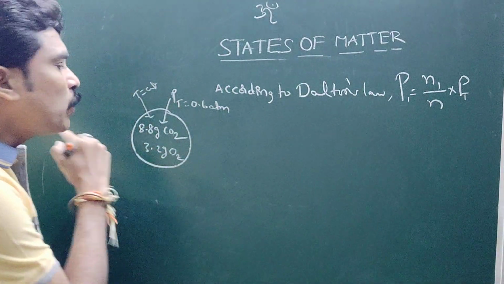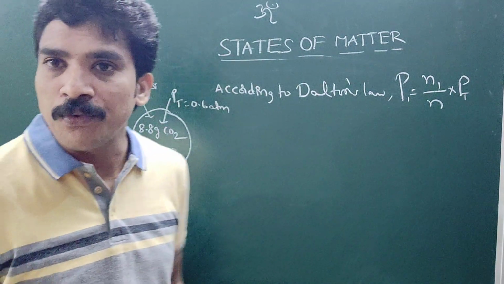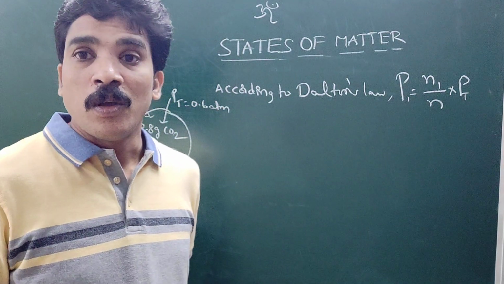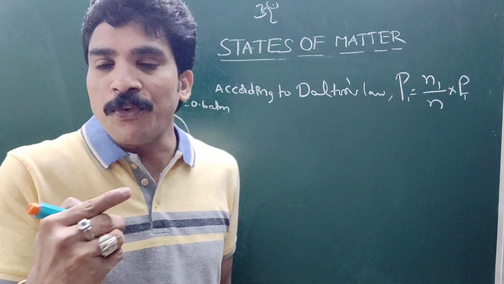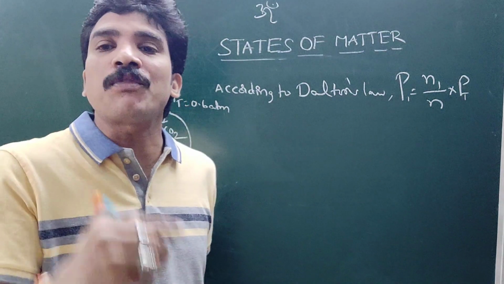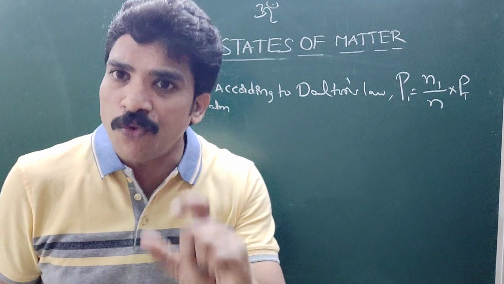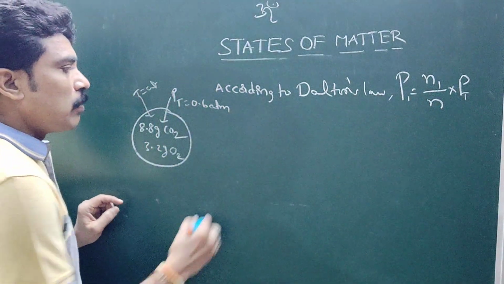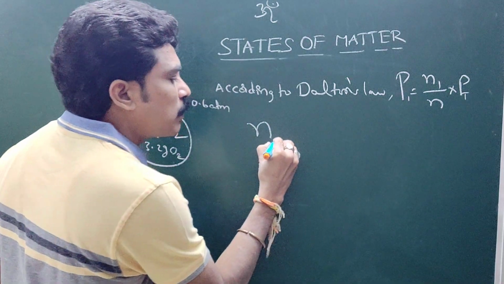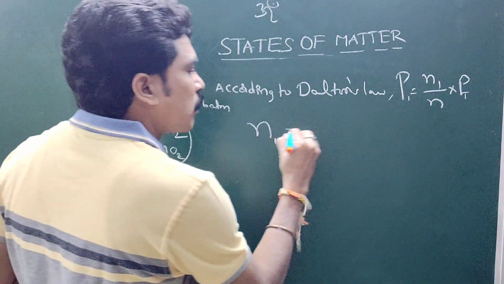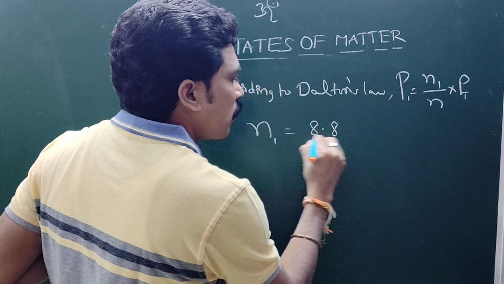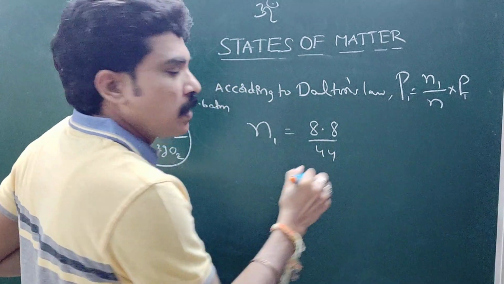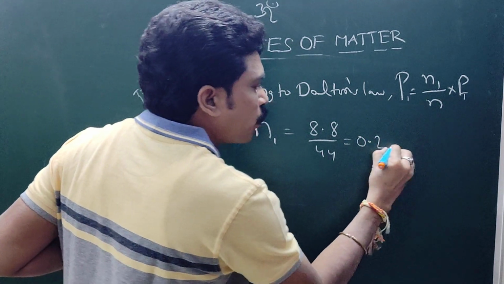I want to calculate the partial pressure of carbon dioxide. Before that, we first find out the moles. Moles of carbon dioxide, take N1, is equal to weight by molecular weight, that is 0.2 moles.